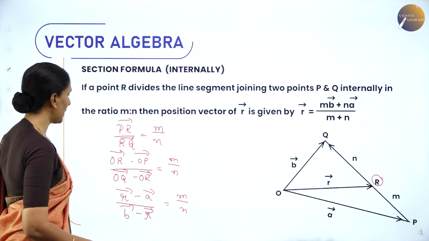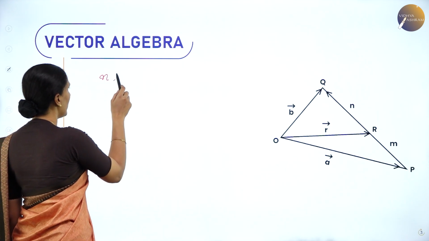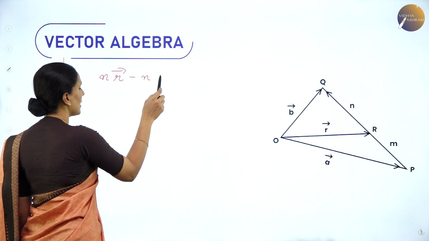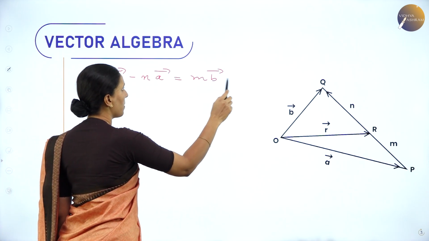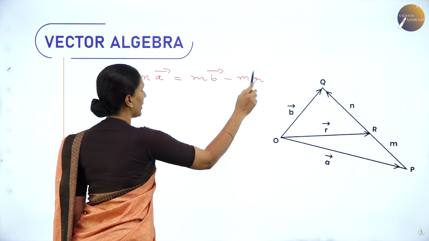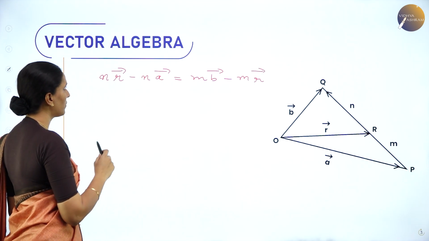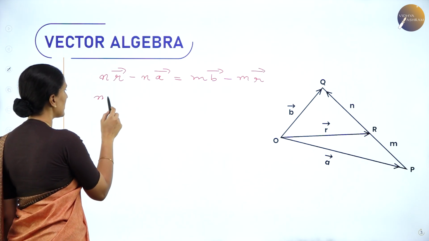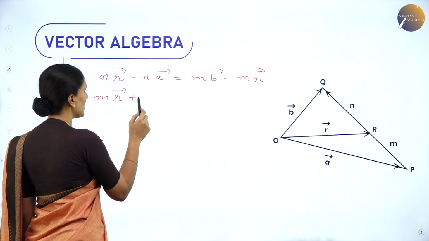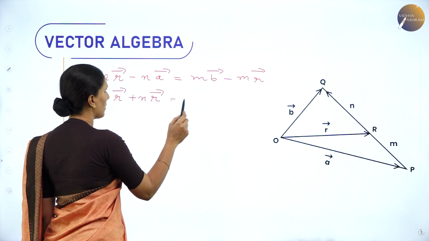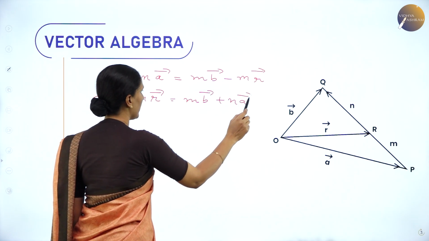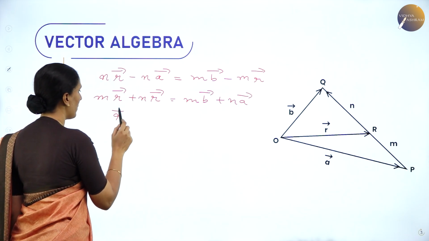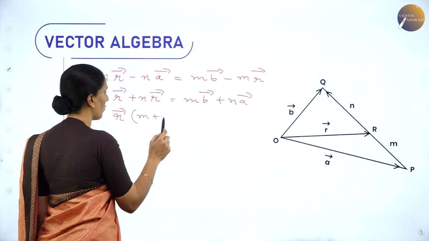Now when we cross multiply, this is n into vector R minus n into vector A equal to m into vector B minus m into vector R. Now let us shift mR here, then it is m into vector R plus n into vector R is equal to m into vector B plus n into vector A. If we take R as a common factor, we get m plus n.